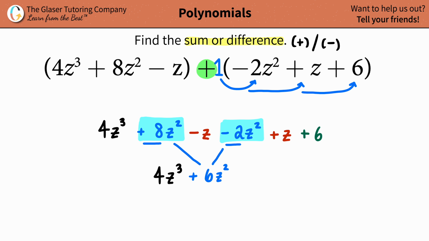Now we keep going. I have minus z, so negative z. And we've got a plus z. Ooh. So what numbers do we have? Negative 1z plus a positive 1z. Negative 1 plus 1, that's a fat 0. So they get canceled.